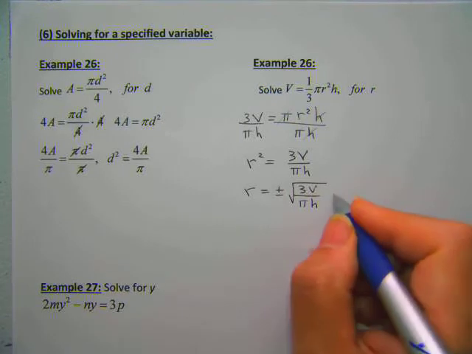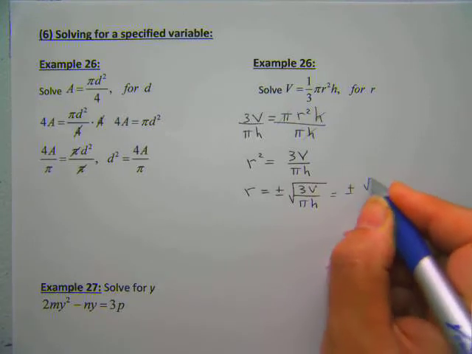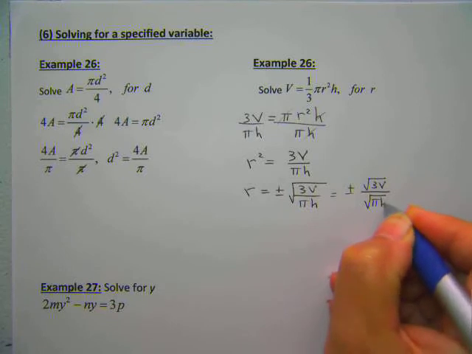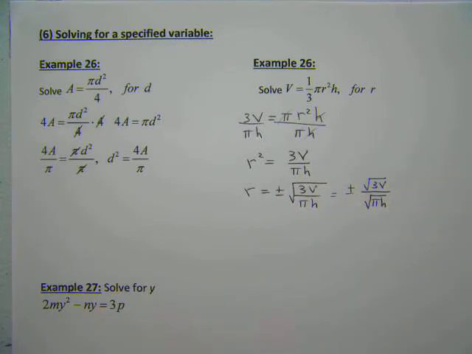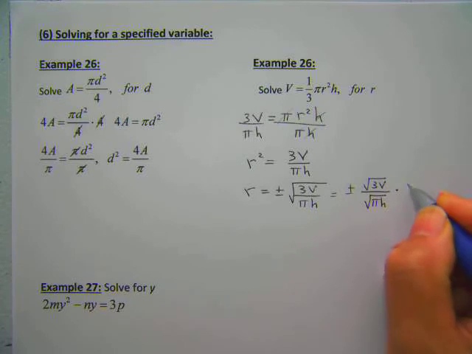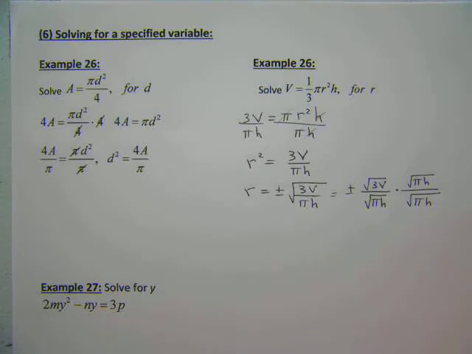Why? Because this is plus or minus. If you separate it, we have a square root in the denominator. We can never have square roots in the denominator. If you remember, the word is rationalize. So we need to rationalize the denominator by multiplying top and bottom by the square root of pi h.